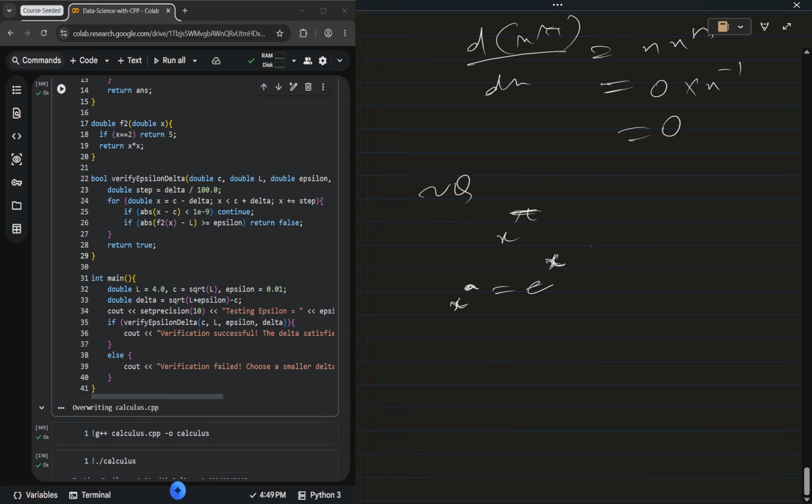Anyways, so we have x to the power a equals e to the power, sorry, not e to the power x, a ln x. So this is basically an identity.